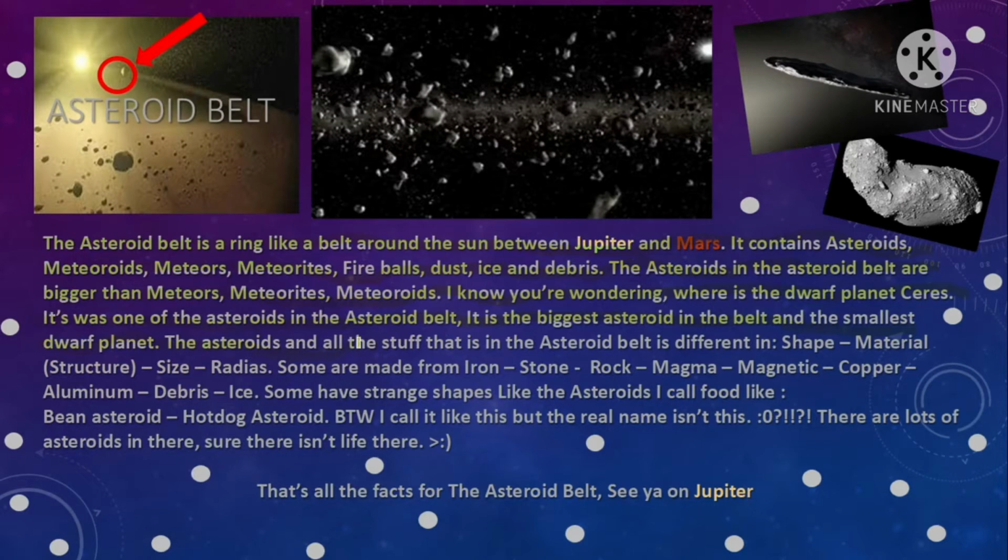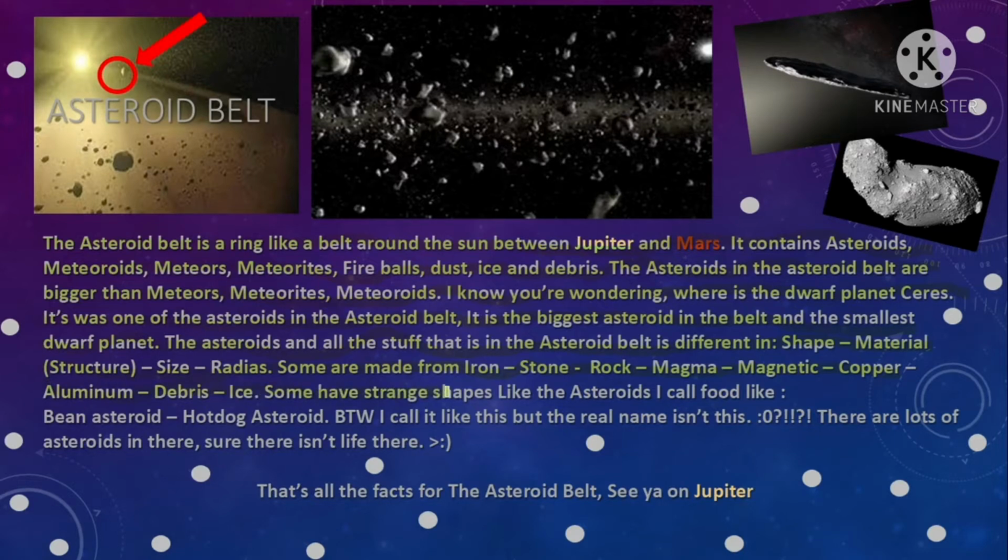The asteroids and all the stuff that is in the asteroid belt is different in shape, material, structure, size, and radius. Some are made of iron, stone, rock, magma, magnetic material, copper, aluminium, debris, ice.